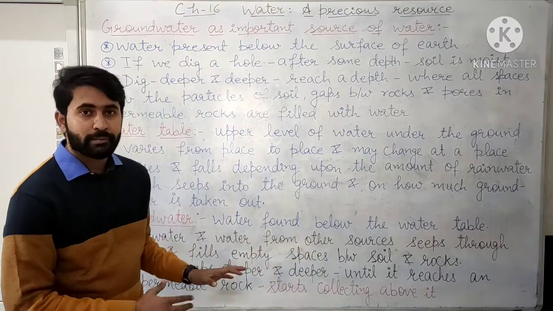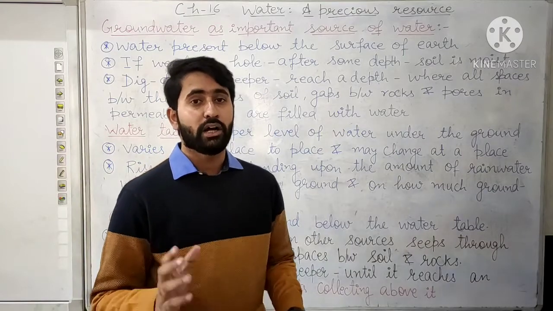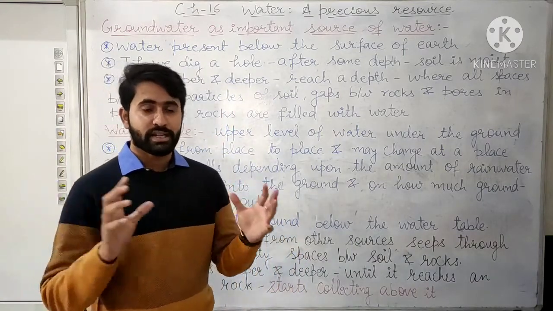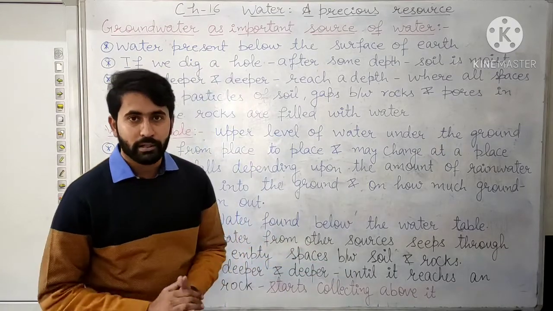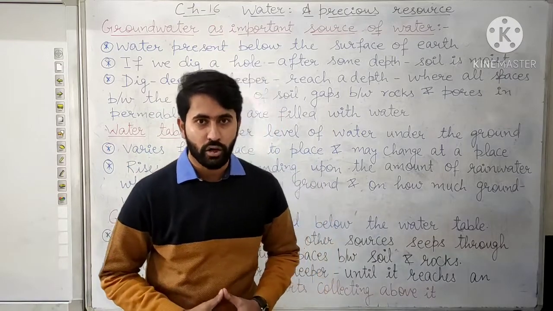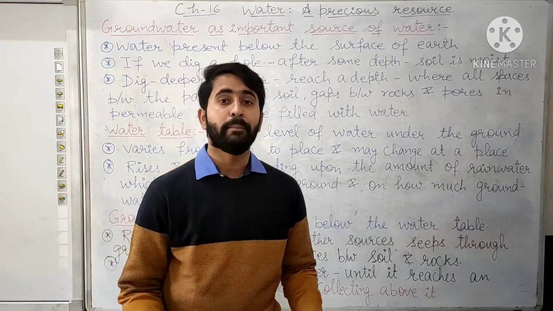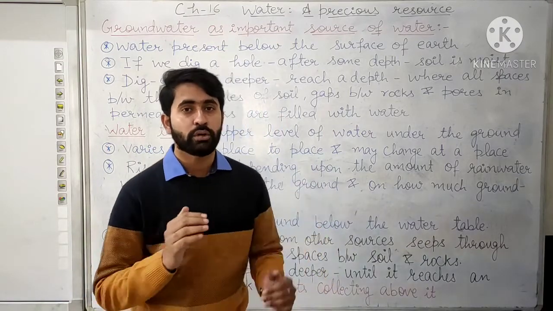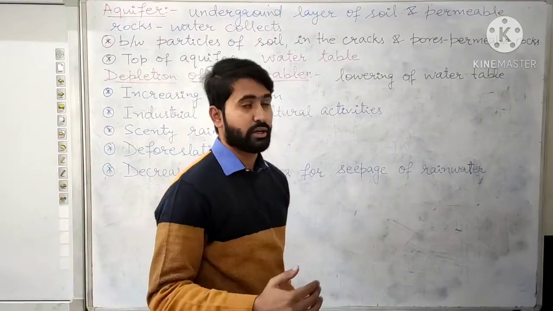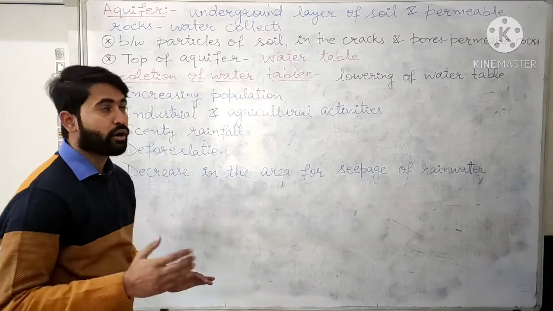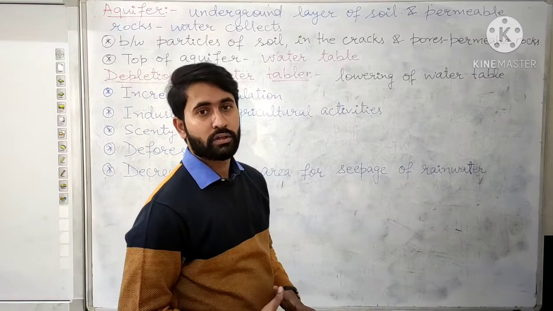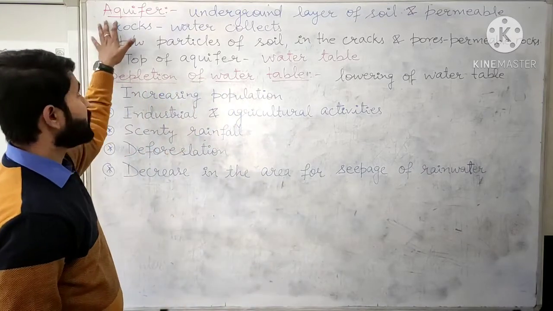Since the impermeable rock does not allow the water to pass through it, the water starts collecting above the impermeable rock and fills the soil and the permeable rocks with water up to the level that is known as the water table. The underground layer of soil and permeable rocks in which the water collects under the ground is known as an aquifer.